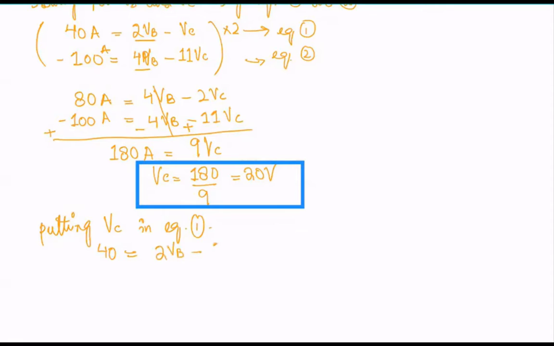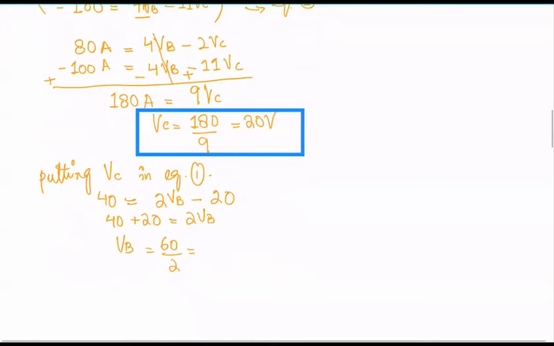VC is 20 here. Okay, all right. So 40 plus 20 equals 2 VB, correct? And VB will equal what, 60 over 2. So VB will actually be 30 volts, correct?